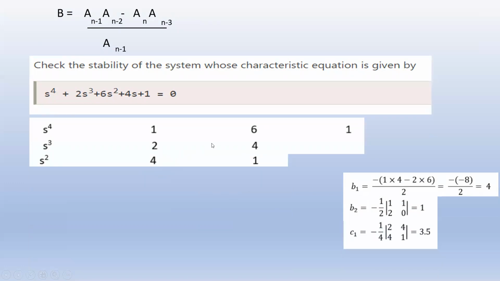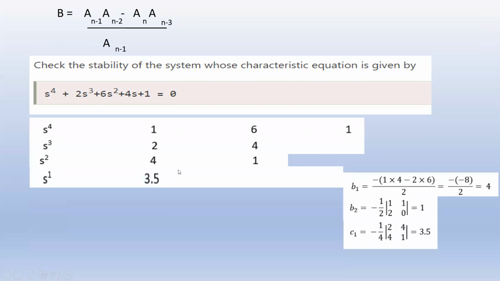Then we find the next row of this Routh array, the s^1 row. 4 into 4 is 16, minus 2 into 1 is 2. Sorry, 16 minus 2 is 14, and 14 by 4 is 3.5. So that's how we get the 3.5 over here.